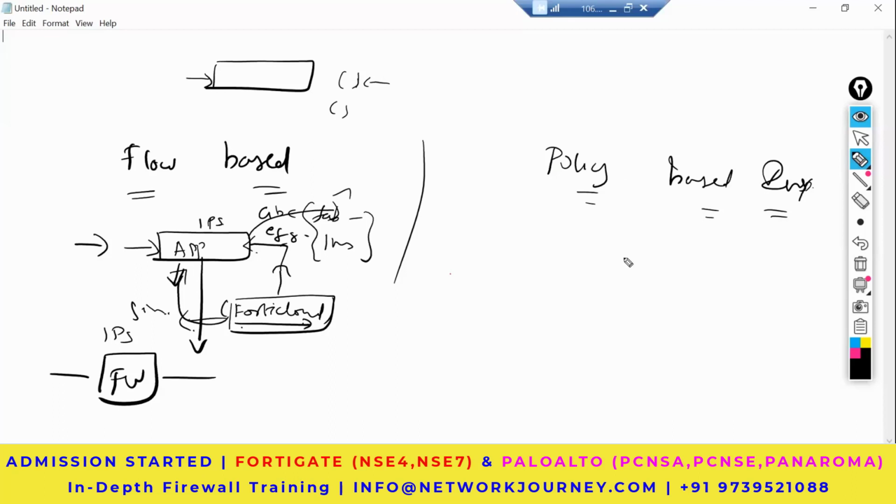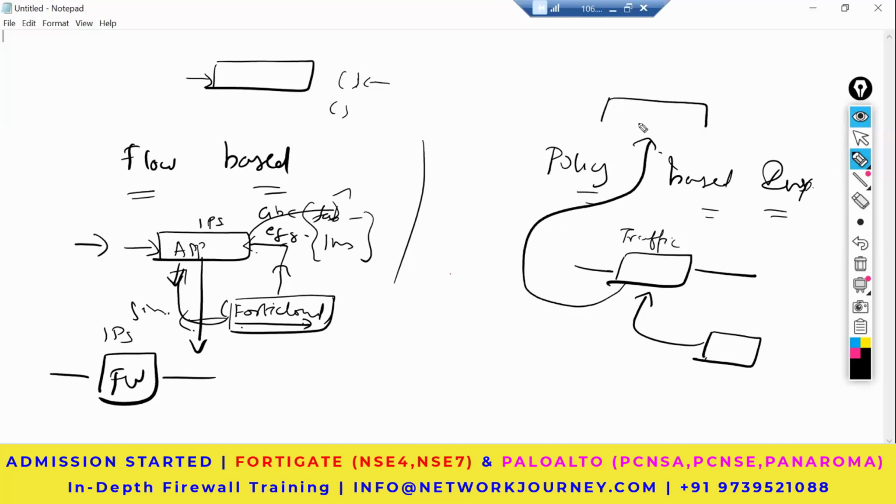Whereas the proxy-based inspection is something where it caches the traffic, the pattern of the traffic, and it doesn't look at the signatures available within the firewall. Rather, it will send the traffic to the cloud and inspect each and every bit and piece of the pattern that the traffic has. And only after inspecting everything, only then will it send the traffic out. Until then, the traffic will be black holed on the firewall itself.